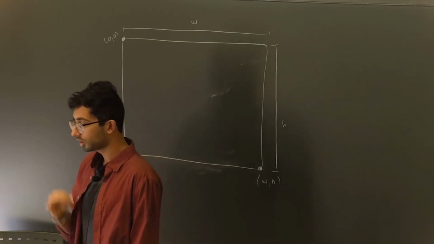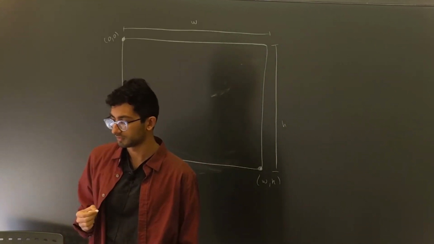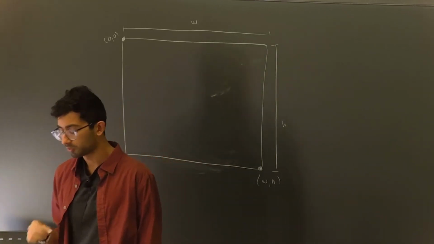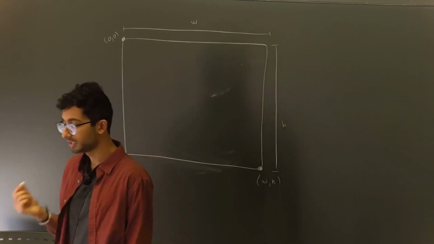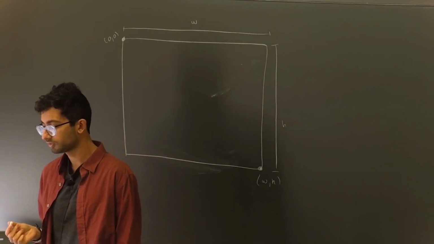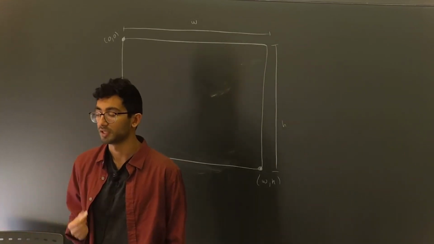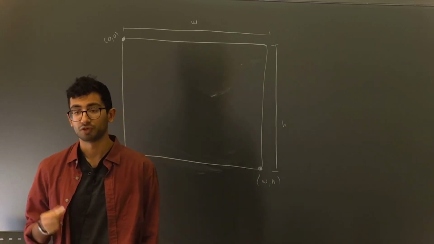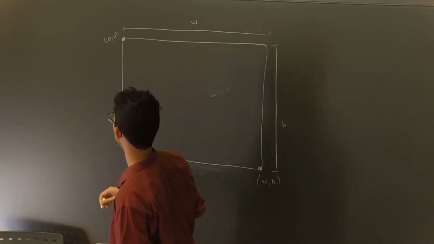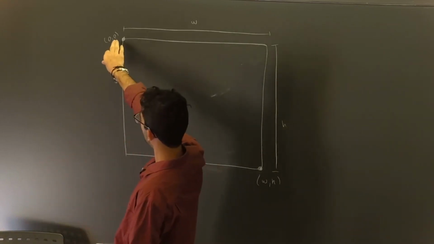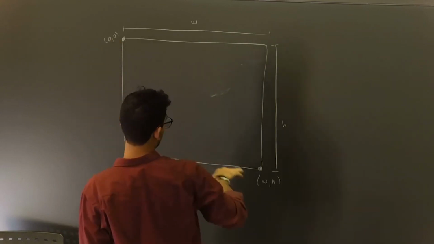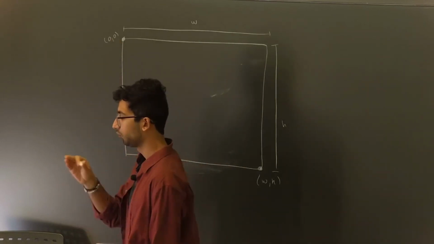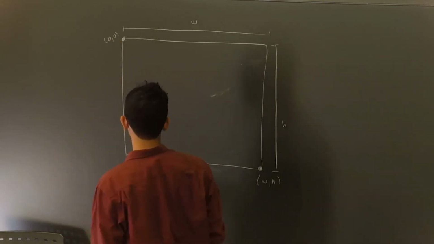We'll talk a little bit more about why this coordinate system can get confusing, how it works, why it works the way it does, and how we can manipulate it in some of our future lectures, especially when we talk about how to mess with things in 3D. For now, though, just take it as granted that the top left is always going to be 0, 0. The bottom right is always going to be our width, our height.